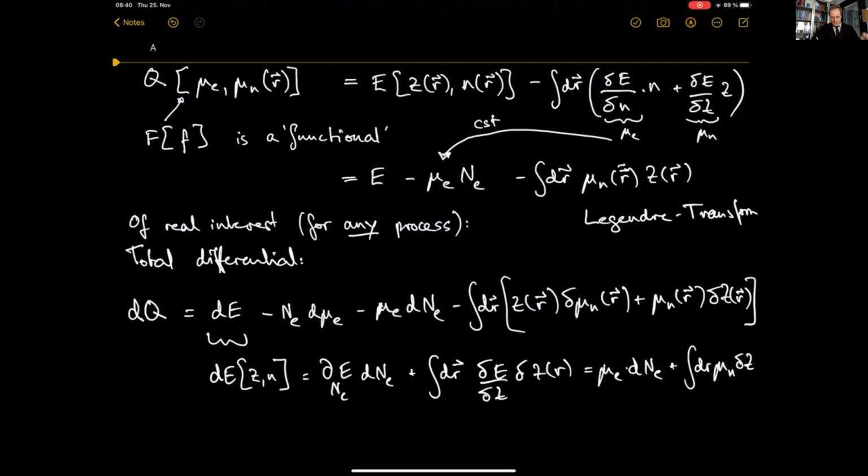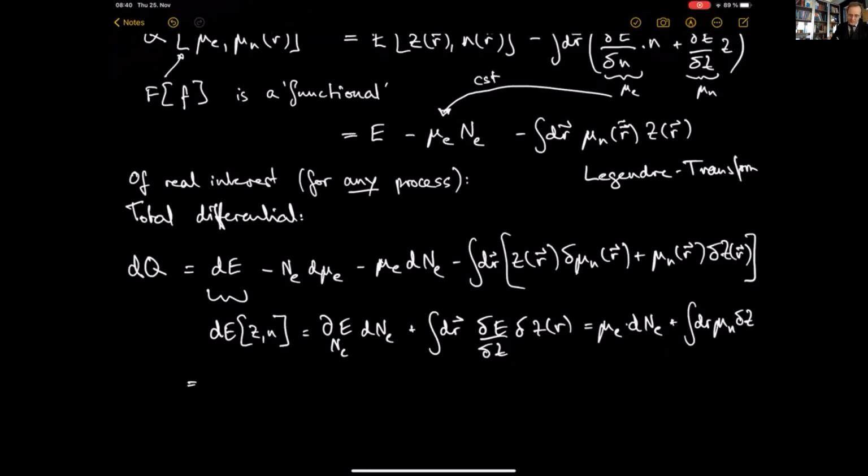And now you see already that because you have negative signs in the above line, some terms will cancel. You substitute this and arrive at minus Ne d mu E. The mu E dN cancels.